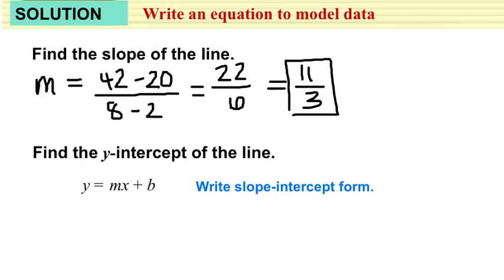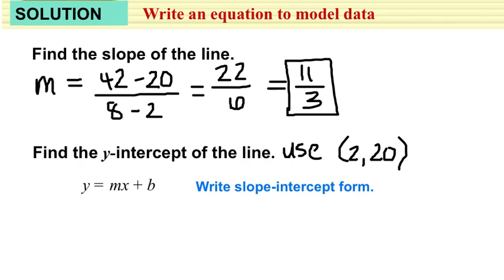So there's our slope. From there, we want to then figure out what the y-intercept of the line is, or at this point, we could use point-slope form. It's really up to you, but I think most people prefer to write it in slope-intercept form. So let's go ahead and use the point that I chose, 2, 20, just so everyone's using the same point. So let's use that point and substitute our values in for y, m, and x, and then we'll solve for b.